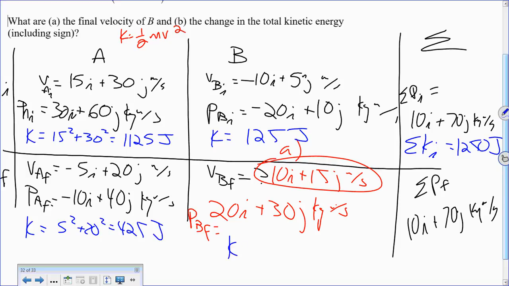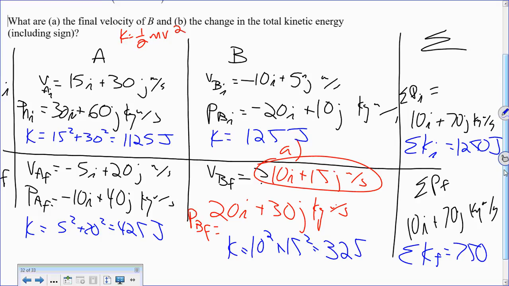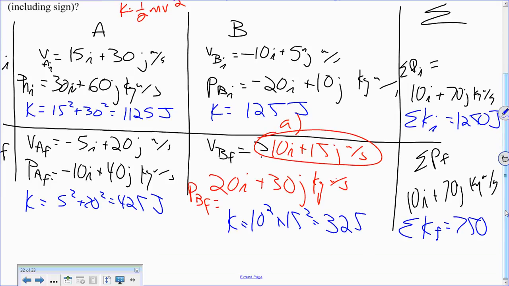Down here, my kinetic energy is going to be 10 squared plus 15 squared, which is 325. For some reason, I can never remember what 15 squared is. And so my total there is what, 750? Joules.